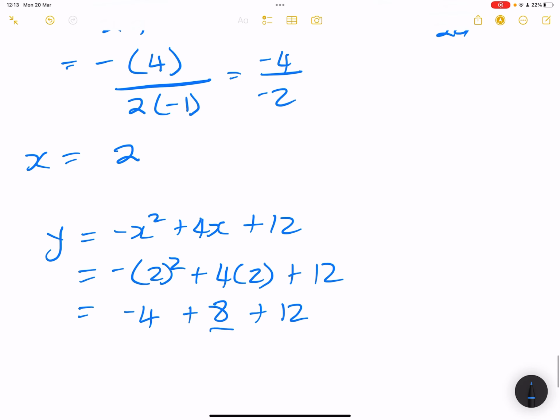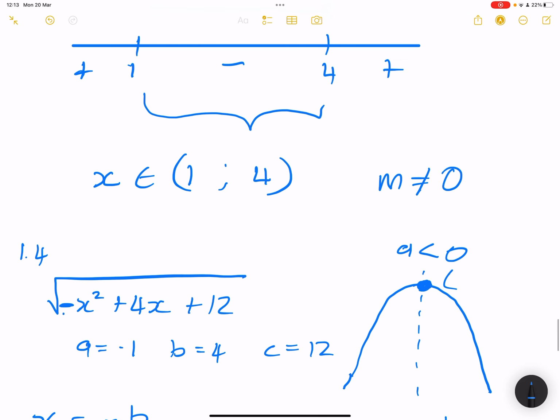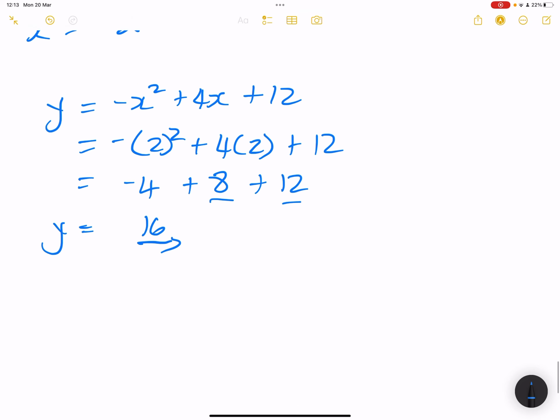That gives us 20 minus 4, that gives us 16. So the corresponding y value in this case would be 16. But remember, they've given us a square root. So we're looking for the square root of that value, so our maximum value would be equal to the square root of 16, which is equal to 4.